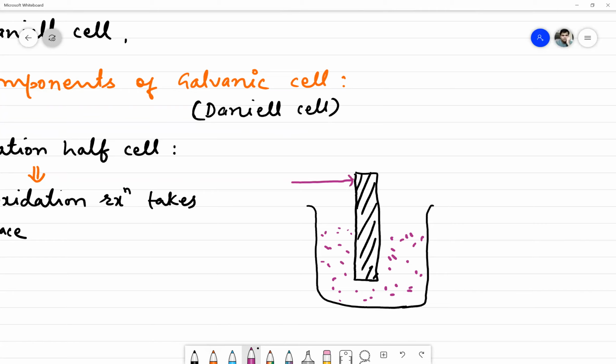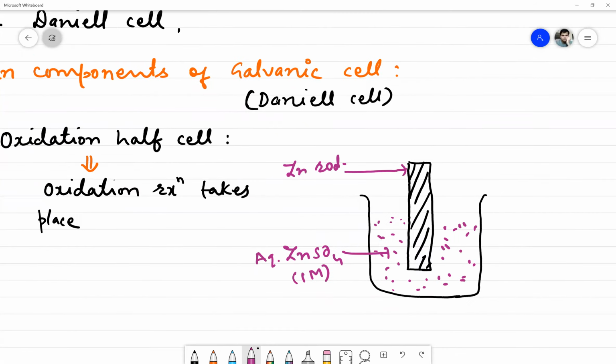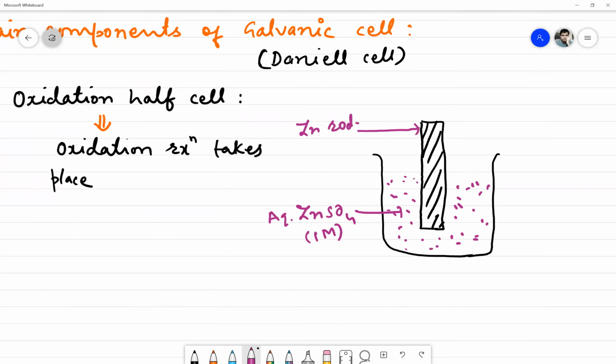This is the zinc rod, and this is the aqueous zinc sulfate solution, 1 molar concentration. This part is called the oxidation half cell. In this part, the oxidation reaction takes place.